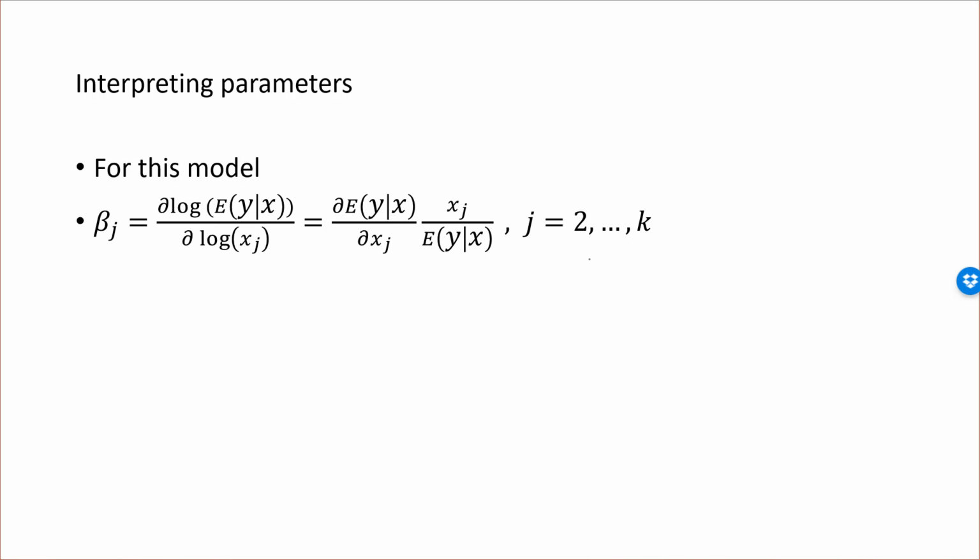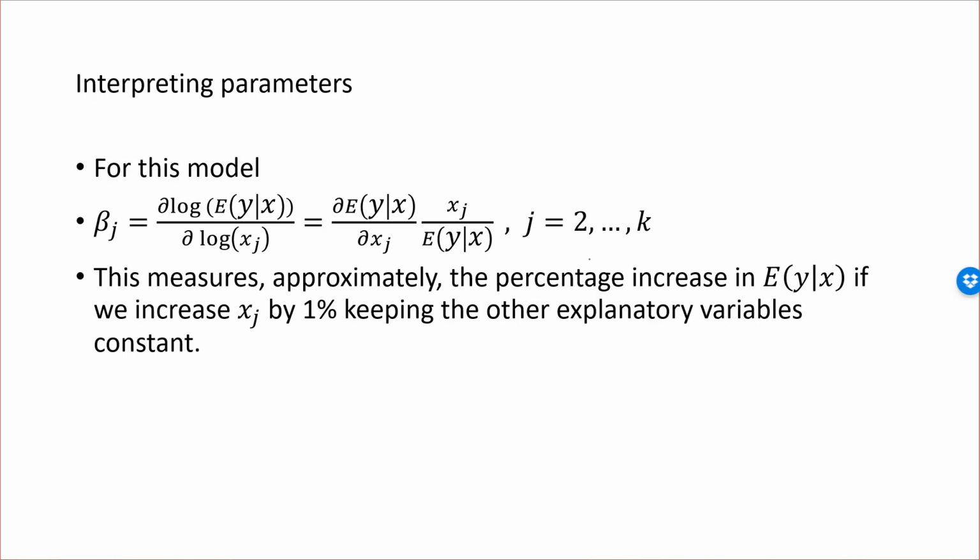No matter how you write it, it's still approximated by the percentage increase in y when x j increases by 1%, keeping the other explanatory variables constant.